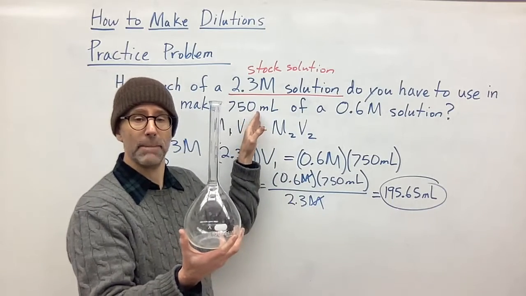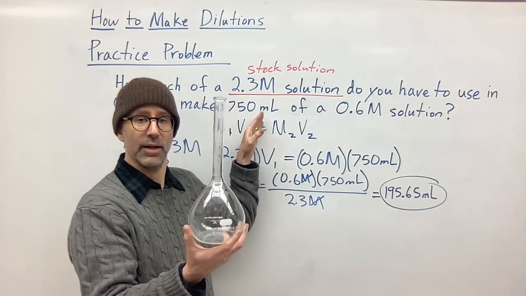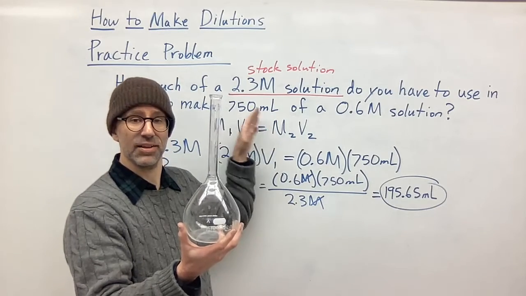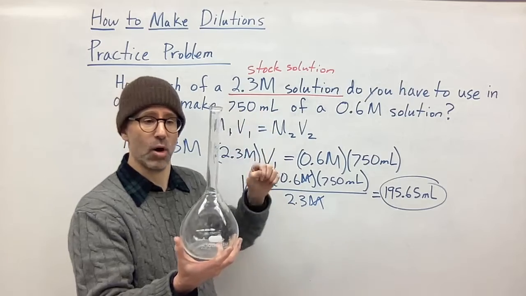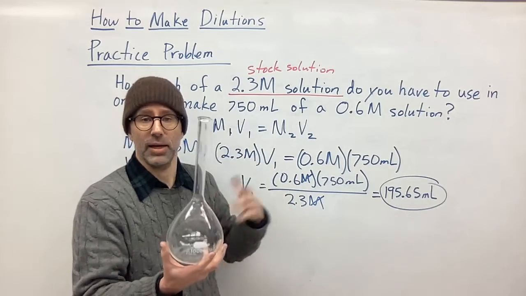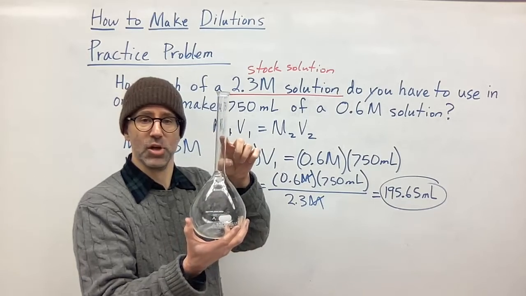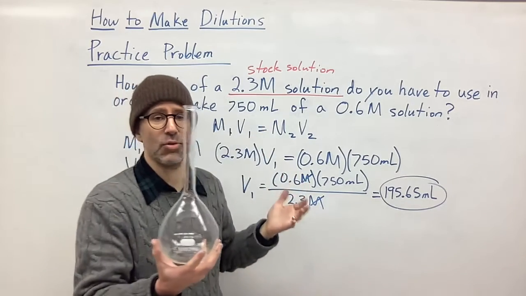So we're not going to measure water. We're not going to measure the difference and then use that volume of water to add, because it could be more, it could be less. You don't want to risk going above that line. So that's the way you do it in a lab.